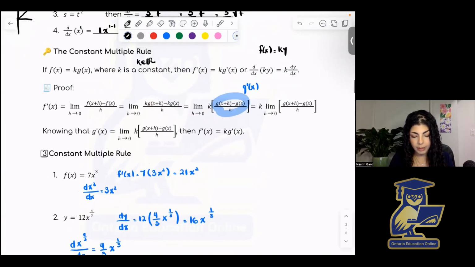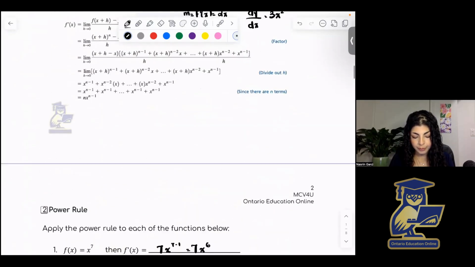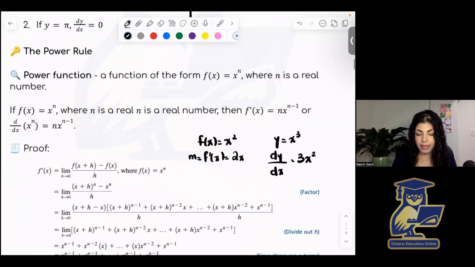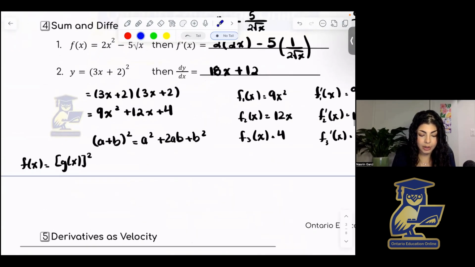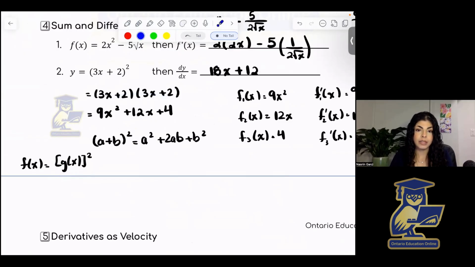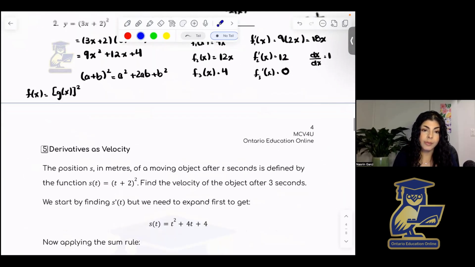So if we go back to the power rule, keep in mind, this is x to the power of n, which is not what we have here. We have a function raised to the power of 2. And so, again, you're going to see later on how to work with this, but we don't have that right now. So you have to do the expansion part and find the derivative using the sum rule for each of the terms.